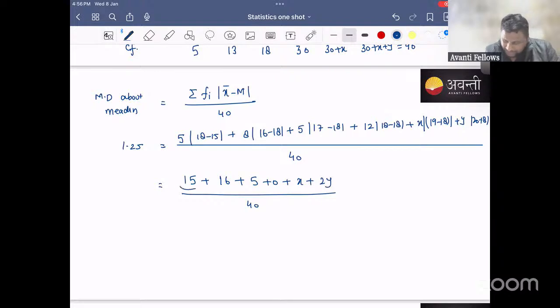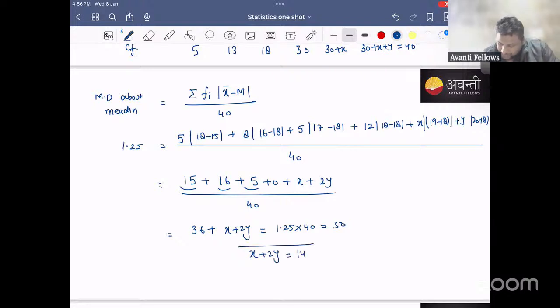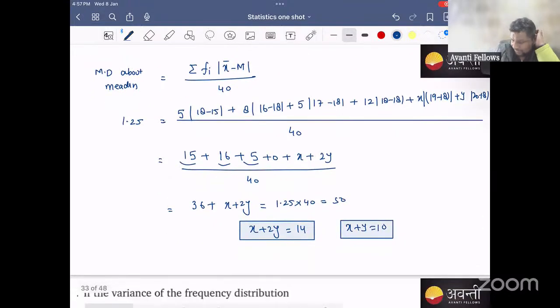That means 15 and 5 is 20, and 16 makes 36. So 36 plus x plus 2y is 1.25 into 40, that is going to be 50. So I got x plus 2y as 50 minus 36, which is 14. The other relation I got is x plus y as 10. If I simplify both of them, I get x as 6 and y as 4.